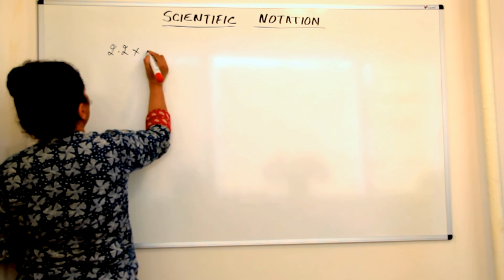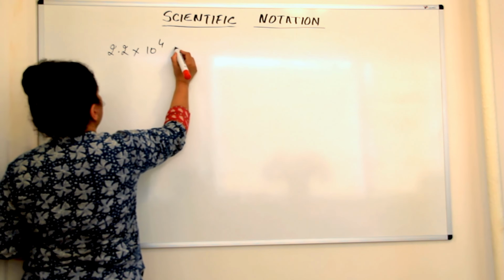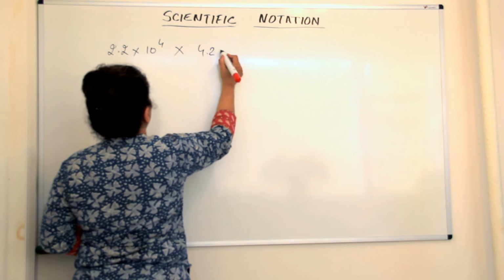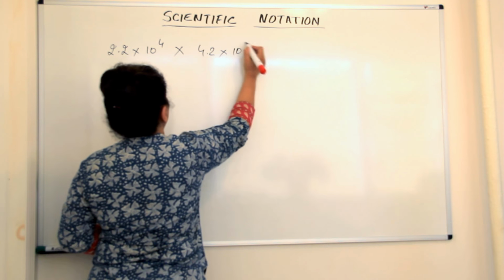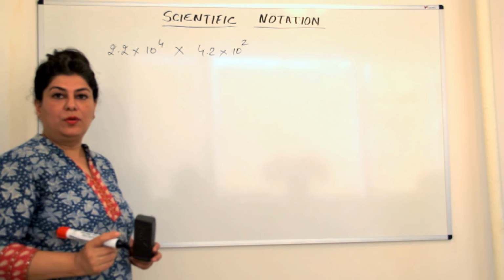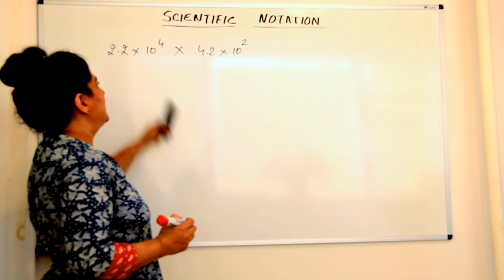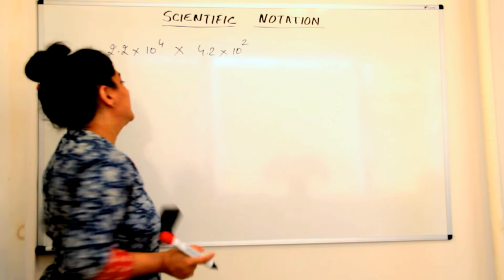2.2 into 10 to the power 4 has to be multiplied by 4.2 into 10 to the power 2. So what do we do? We multiply the numerical quantities separately and the exponential parts separately.